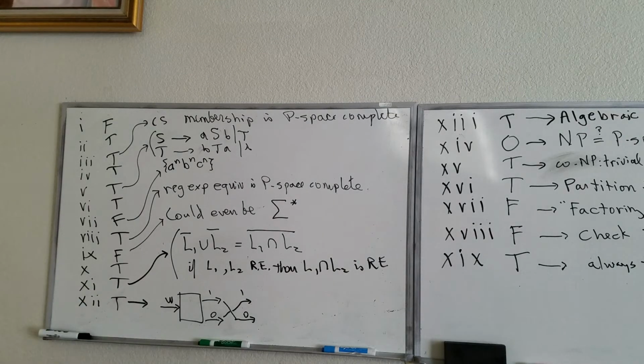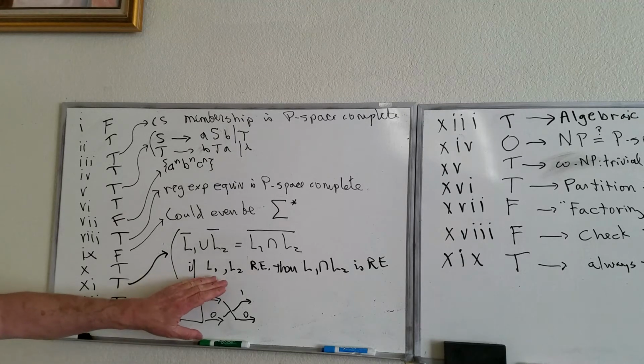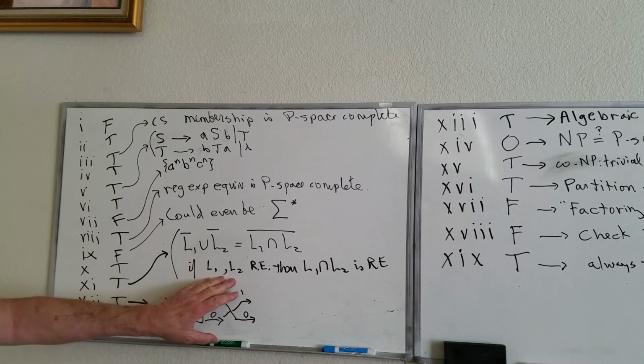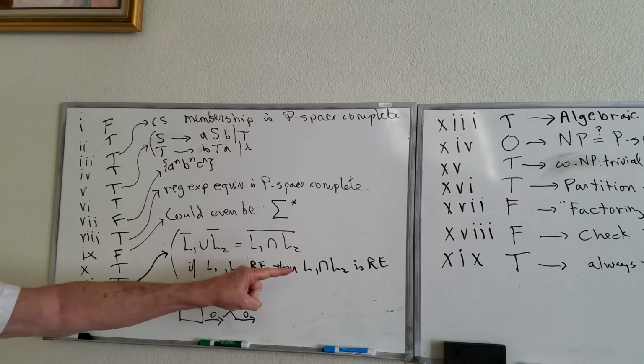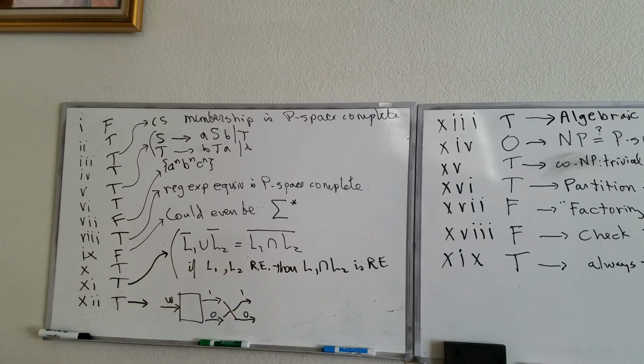Now, what you're supposed to think about is this. If you have two recursively enumerable languages, the intersection is recursively enumerable. Now, that seems to be clear. Let me see, why would that be true?